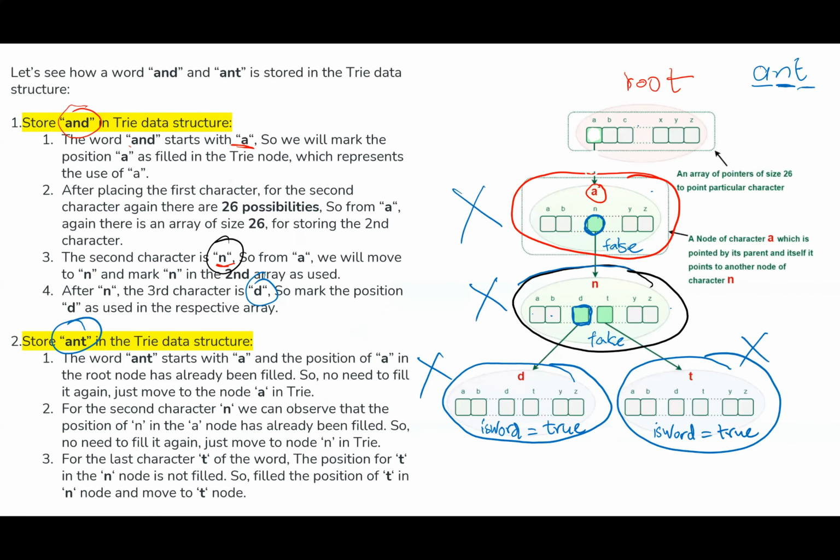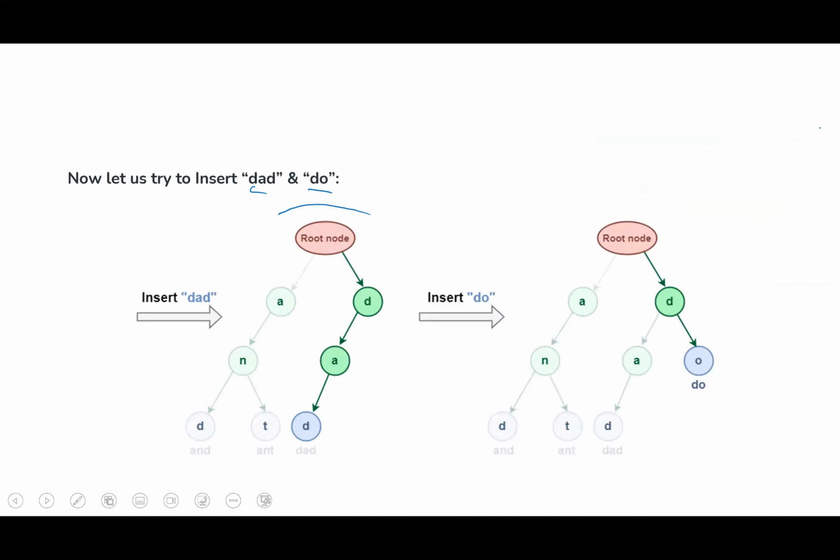The root node actually looks like this, so D is still empty. If I want to create dad, what do I have to do? I have to create a node with D, right? That's exactly what we did here. We created a node with D from the root node. Similarly, D didn't have any children, so we created the node with A, and then D, and linked them up. So that goes into the tree.